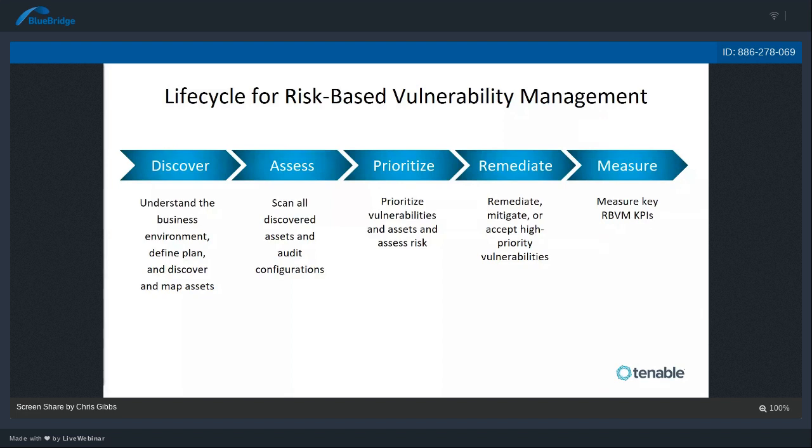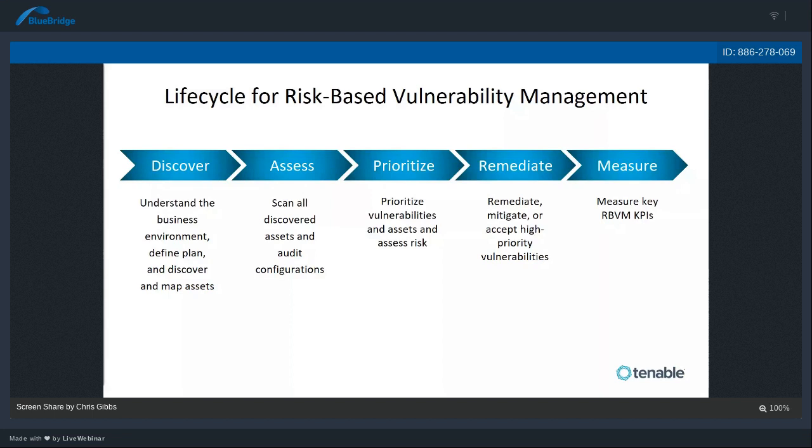And we're going to start off with discovery, which is in the far left here, as we can see. So understanding the business environment, building up a plan, that kind of stuff. Then we'll move into assessment. How do you make sure you are assessing everything that you can? What's the best practices there? And then the real key part, the prioritization. How do you prioritize?